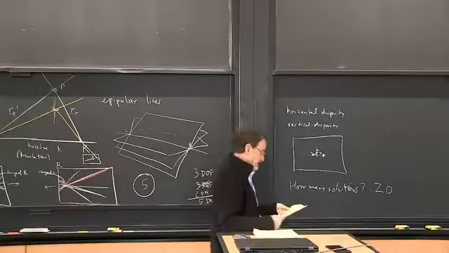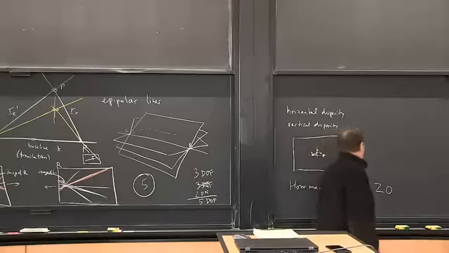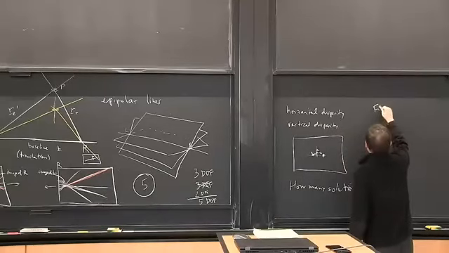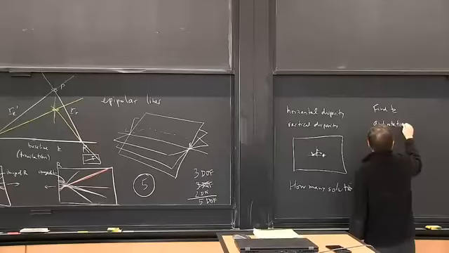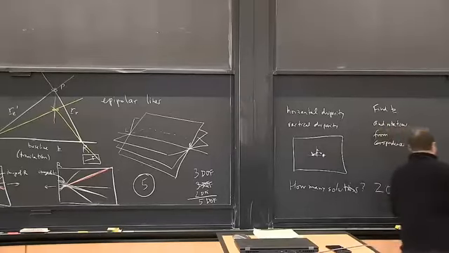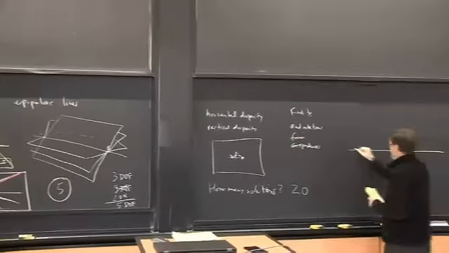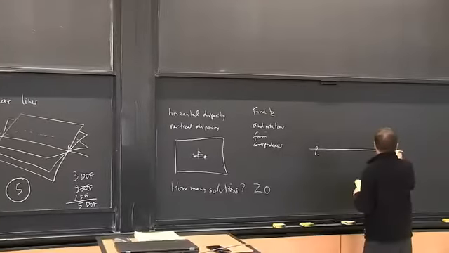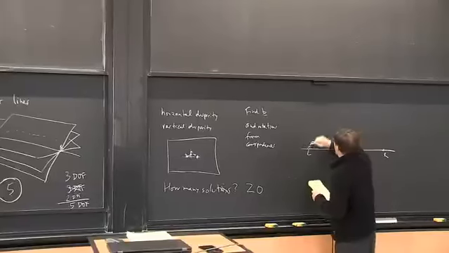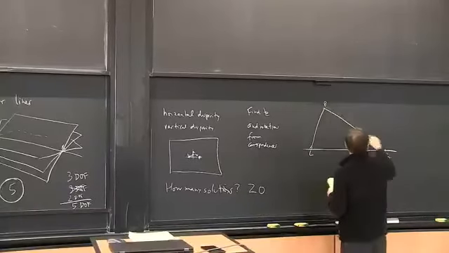So. Okay, so how do we find the baseline and rotation from correspondences? Okay, so we have our baseline again, L and R, and then we have some point out there.